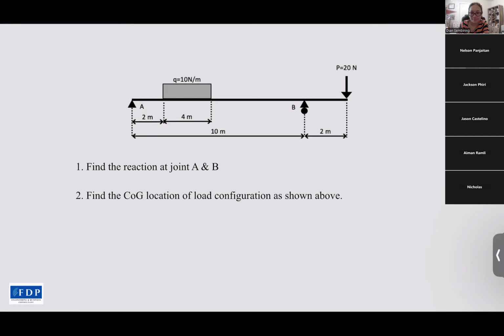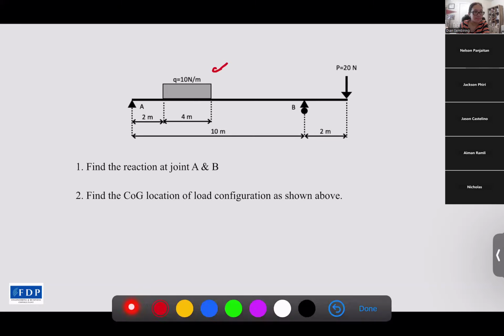We have one distributed load of 10 newtons per meter here, and then we have a point load at the cantilever at the left side of B. The question is: find the reaction at joints A and B, and number two is find the COG location. It's the same process as yesterday. So I think it is clear for this.